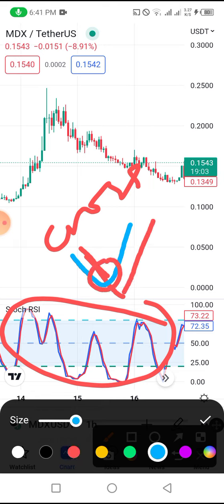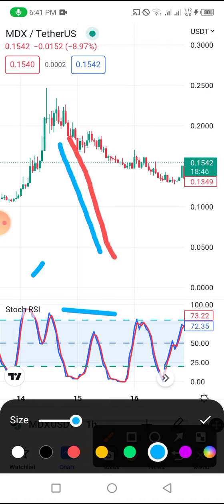Initially, let's assume, like in this case here, the blue line is coming down alongside the red line, but then a point is reached where the blue line crosses over the red line, and then they change their manner of movement.